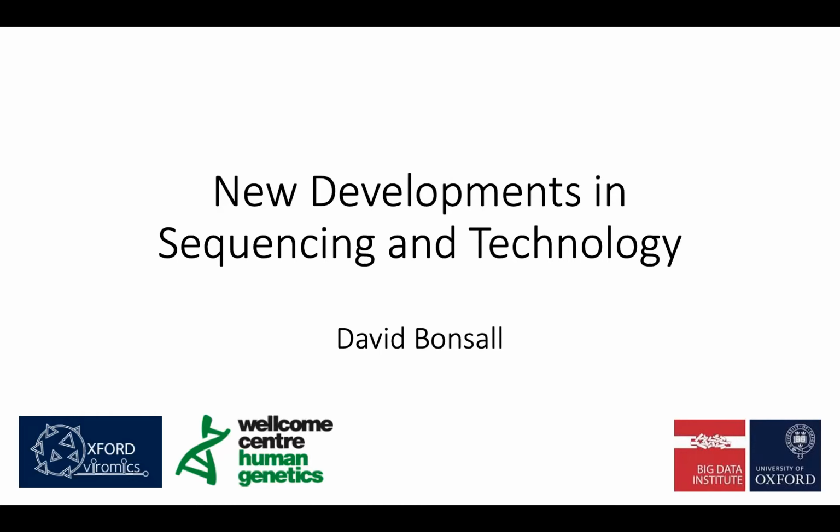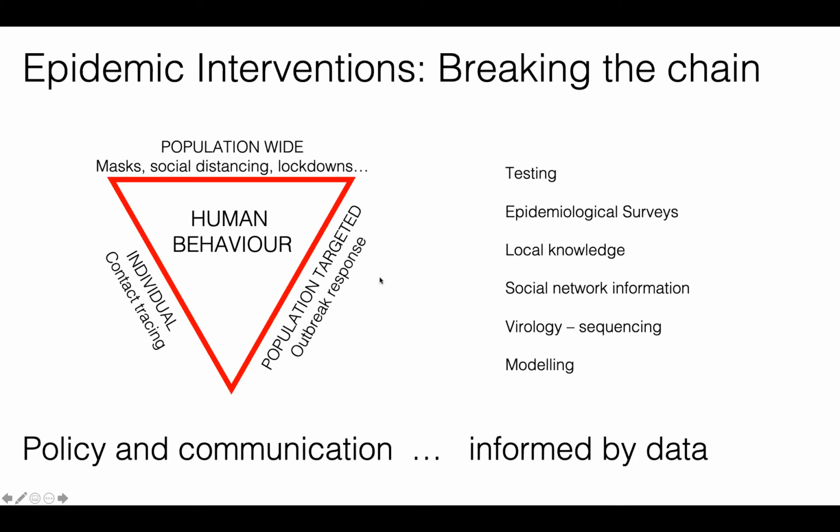So we're in the business, aren't we, of developing better epidemic interventions that break the chain for endemic and epidemic infections and outbreaks. I tend to think as a clinician that, putting aside treatments and vaccines, much of that comes down to human behavior.